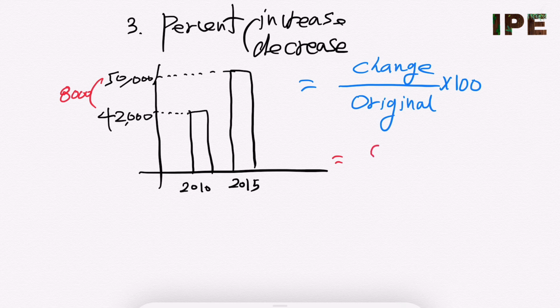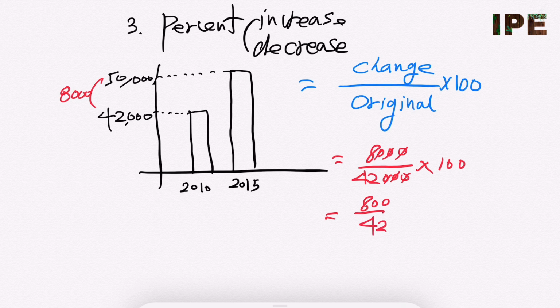So 8,000 over, which is the original before changing? 42,000. 42,000 times 100. So 3 zeros cancel, it is 800 over 42, which is 400 over 21. This is the answer. If you want to find the decimal number, you use a calculator.